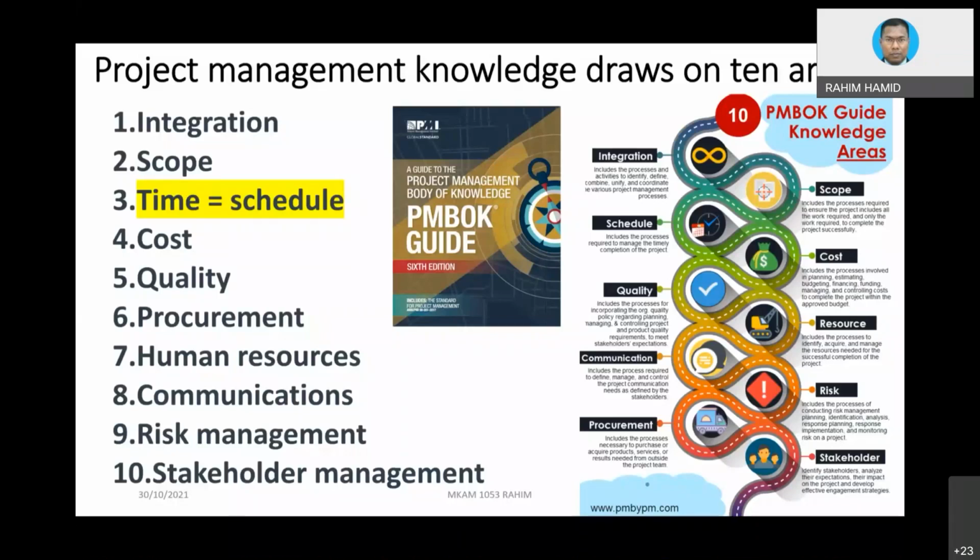Similarly, in project management, it's like that. In those 10 areas here, time is mentioned in knowledge area number 3. Previously, the word time was used, but subsequently they changed it to schedule. When you see the word schedule, you understand it's the same thing anyway. But the concept of time is quite abstract.